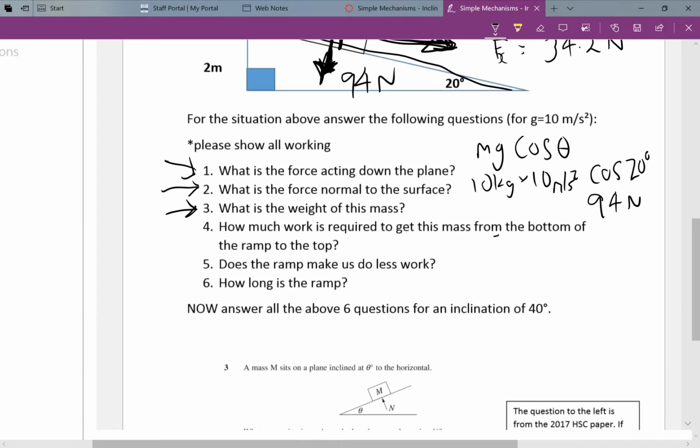So if we say F equals m times a, we know that the mass is equal to 10, and we know the acceleration due to gravity is 10 meters per second squared. 10 times 10, we end up with a weight, which is always a force in physics, of 100 newtons.